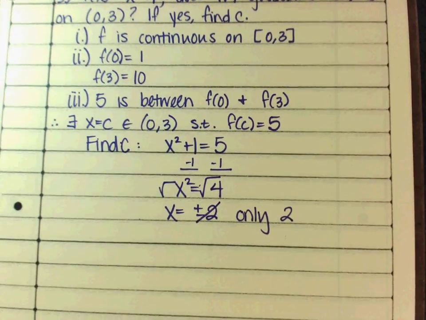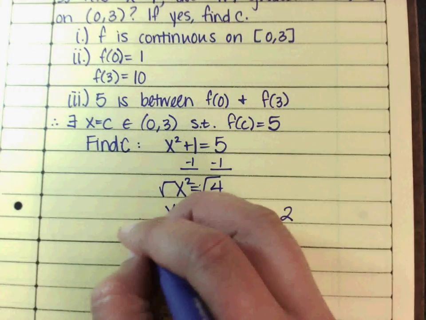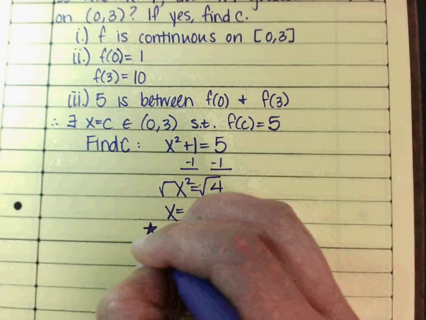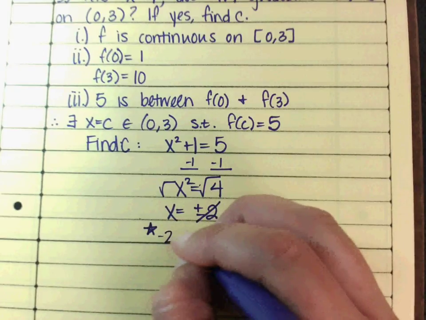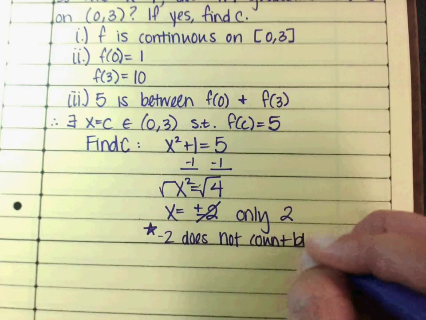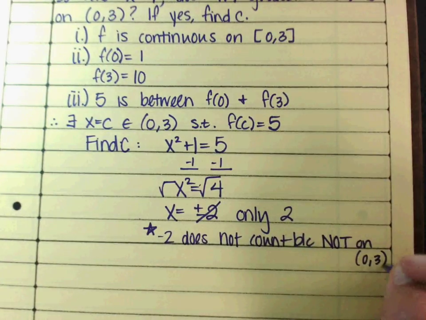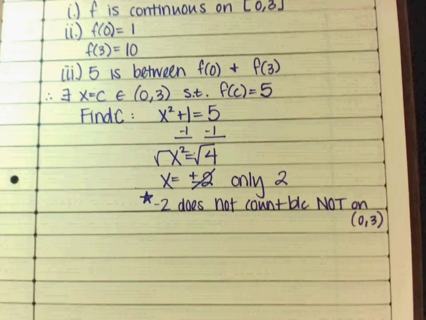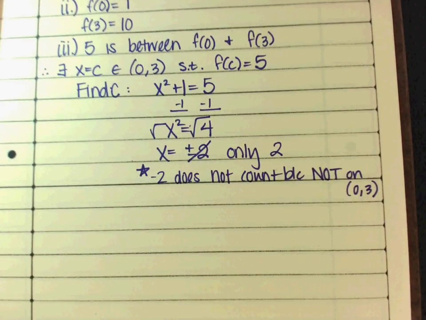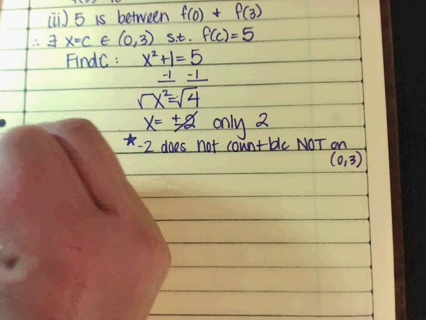Negative 2 gets crossed out because it is not between 0 and 3. So I'm going to put a little star here. I'm going to put negative 2 does not count because it's not on 0 to 3. And that's just kind of a side note in case you go back and try to do an example with it.